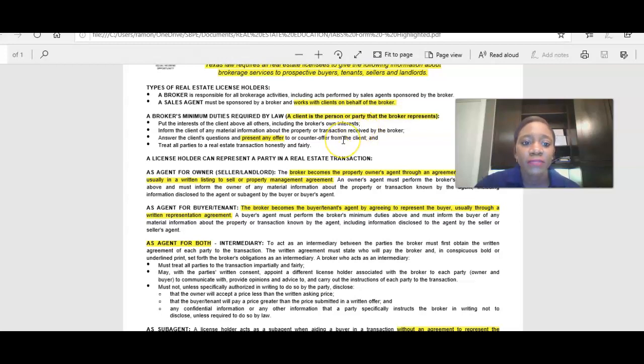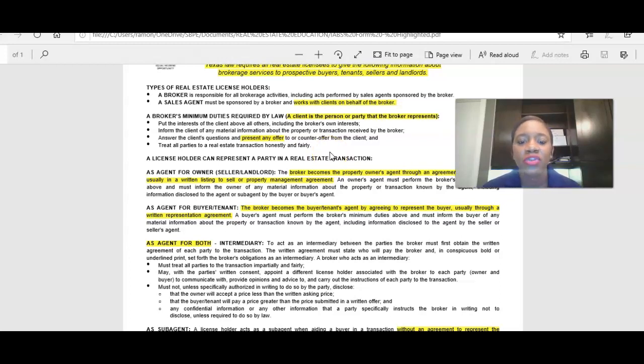When you're working with a real estate professional, that's the key difference, is that we have to put your interests and your needs first. Inform the client of any material information about the property or transaction received by the broker. That means that any information that the broker or the sales agent receives about the house, about the property, about the neighborhood, they have to disclose that information with you to help you make the best buying decision. Answer the client's questions and present any offer to or counter offer from the client.